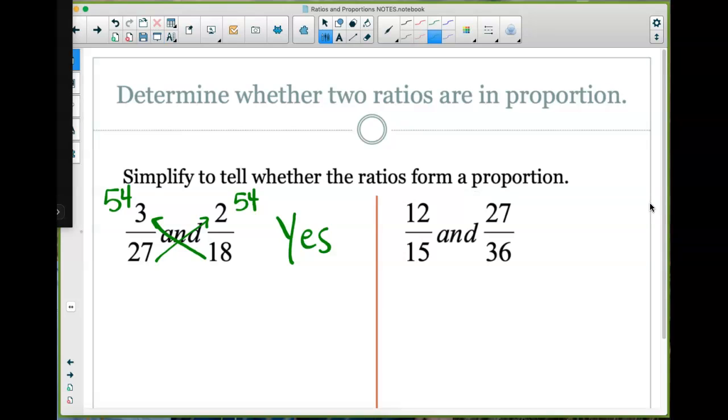Okay, how about this one? 12 to 15 and 27 to 36. Is that a proportion? Type yes or no in the chat.